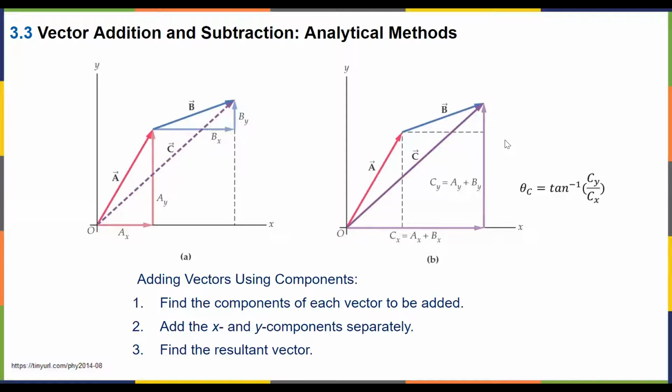Then for the resultant vector, you simply add the x components of the two vectors to get the x component of the resultant, and the y components of the original two vectors to get the y component of the resultant vector. Once you have the two components of the resultant vector, you can calculate its magnitude and also the directional angle. So that's the analytical way of doing it.